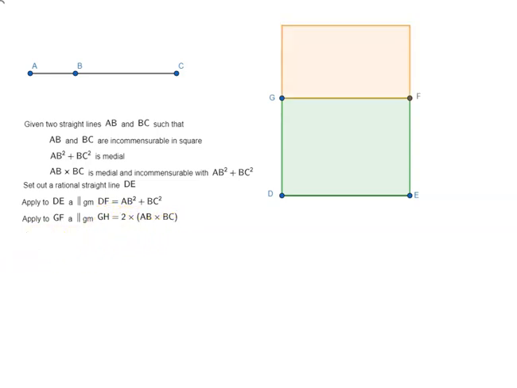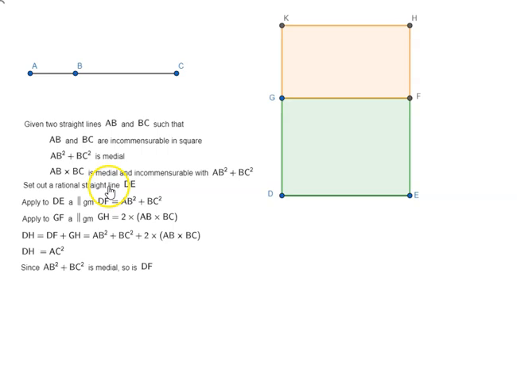Okay? And let's name this H and K. Now, DH is equal to DF plus GH, and DF is AB square plus BC square, plus GH is 2 times AB by BC, which means the overall DH is equal to the square on AC.